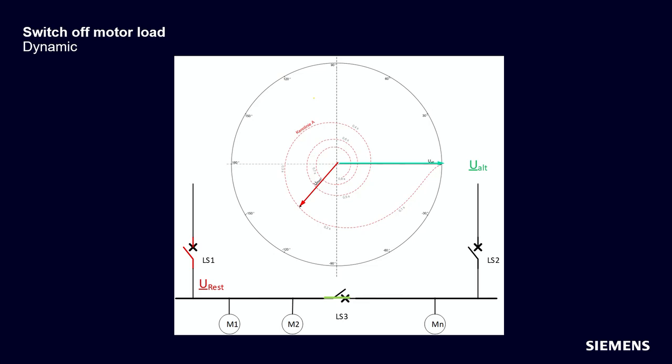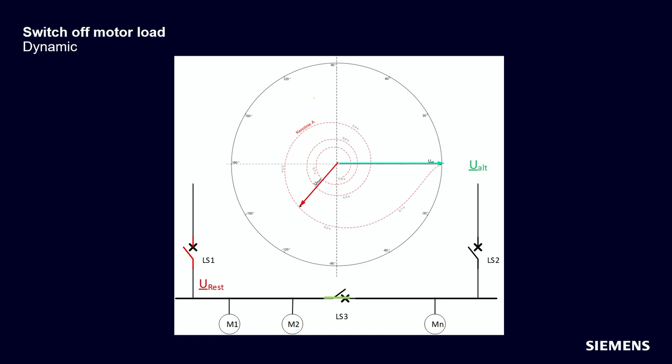You see there is some behavior due to opening breaker 1. That means if we open breaker 1 in case of a fault on the incomer, then you see there is the red arrow, which is moving in this snail. That means we are moving far away from the alternative voltage. And that means the frequency, the voltage, and also the phase angle are changing.